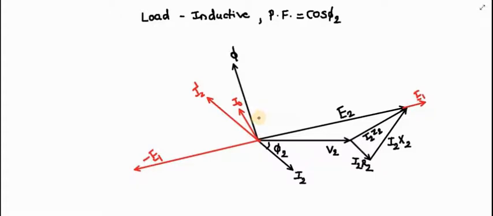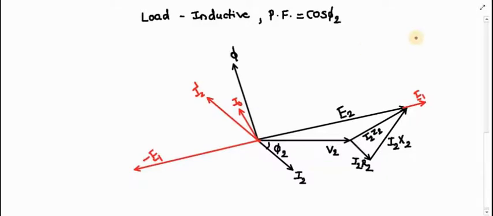Now let us add the drops to minus E1 so that we can get the applied voltage V1. So the resistance and reactance drops I1 R1 and I1 X1 are drawn in phase with the current I1 and leading I1 by 90 degrees respectively.